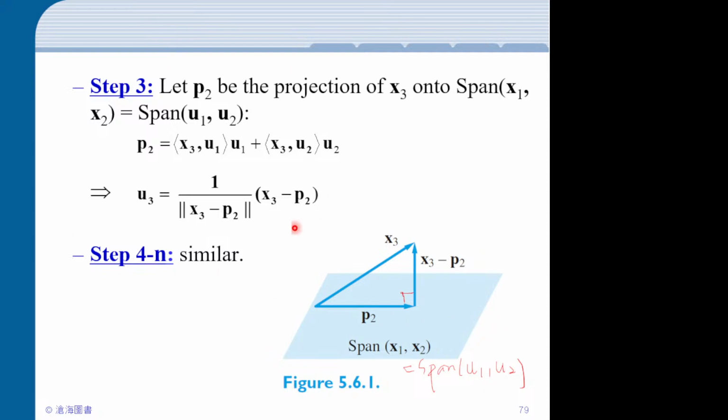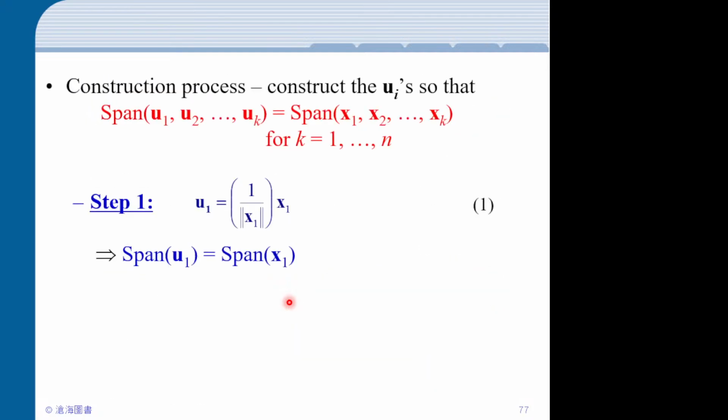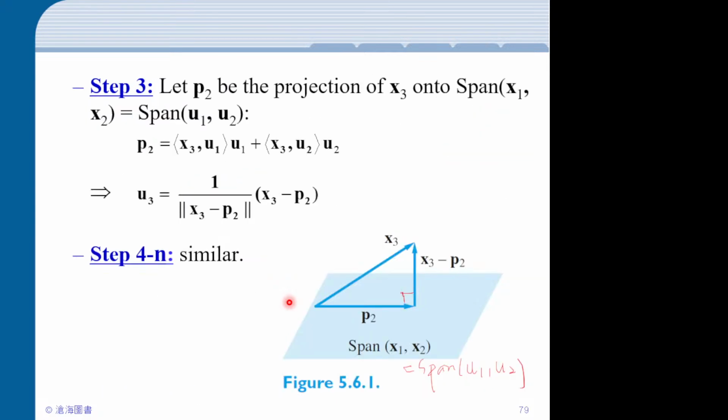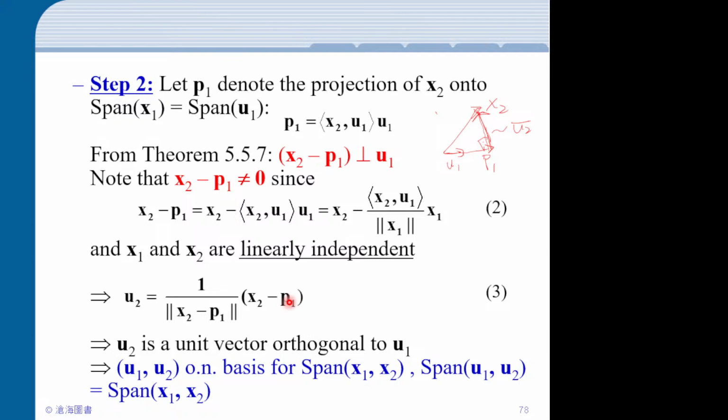Then you can see that we can repeat this for all the vectors until we go through every vector, and we'll get an orthonormal basis for our space spanned by these n linearly independent vectors. Okay, so that's basically the proof and the process step by step. So we have the proof and the steps together of this Gram-Schmidt process. Any questions so far?